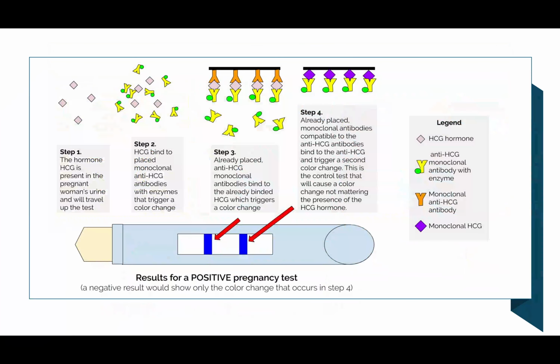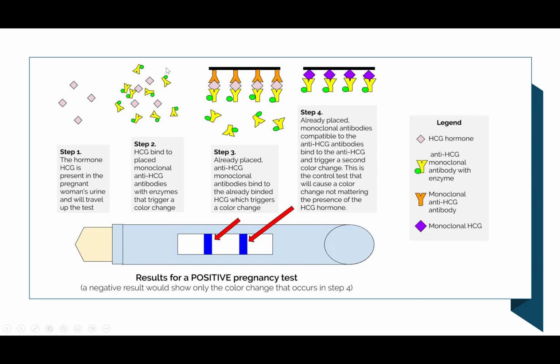So what's happening here? The woman's urine is placed here. Step one, it's placed on the test, and it will go through the sorbent, the same concept as the chromatogram. The HCG will bind to the anti-HCG monoclonal antibodies with enzymes that trigger color change.